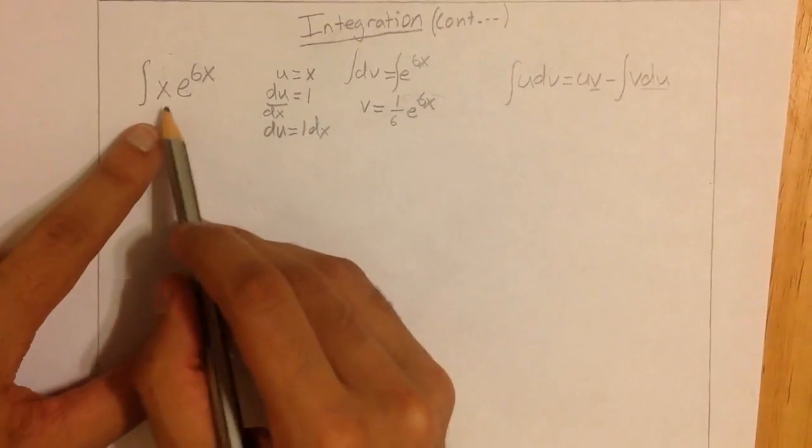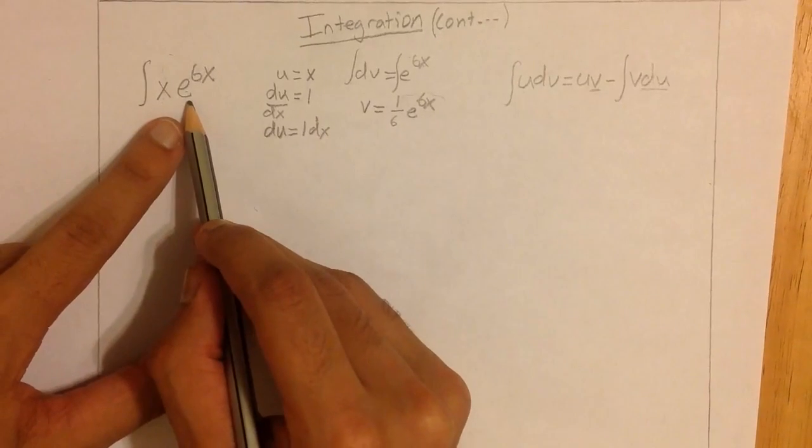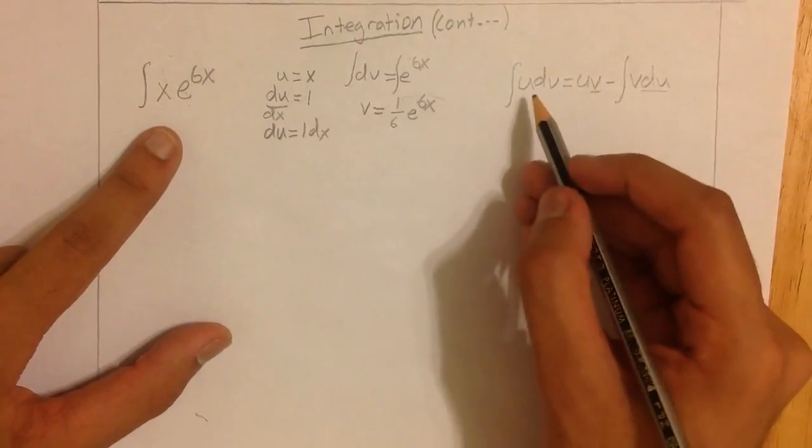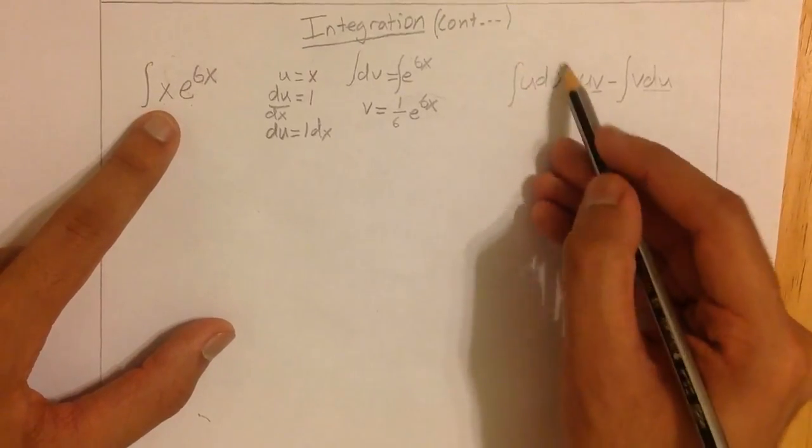Now recall that since we used u as x and dv as e to the 6x, we know that this is the same thing as this part of the equation.